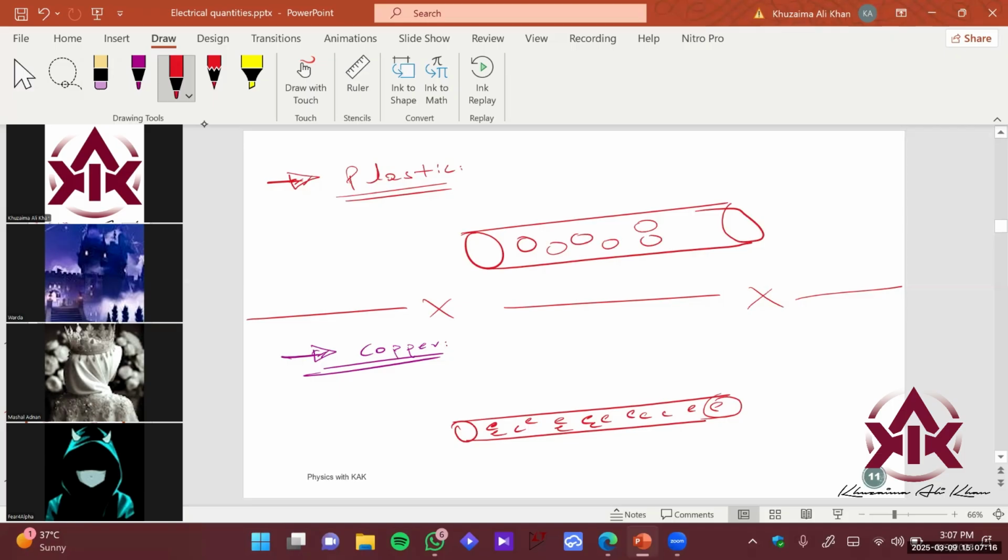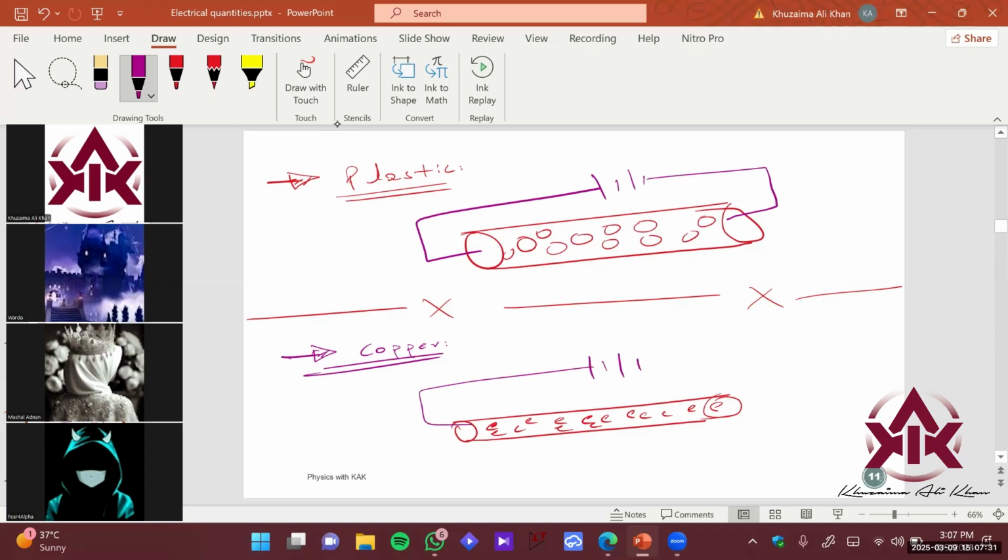It has no free electrons, right? Let's say I supply a battery here to cause the production of current. Can anyone tell me which one, copper or plastic, would allow the current to pass through?